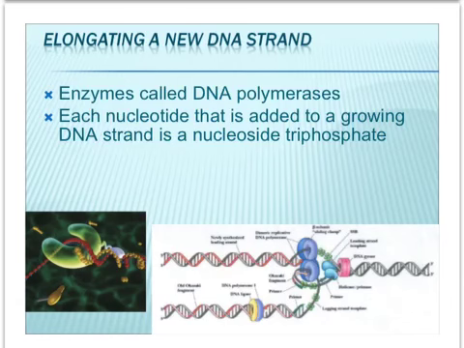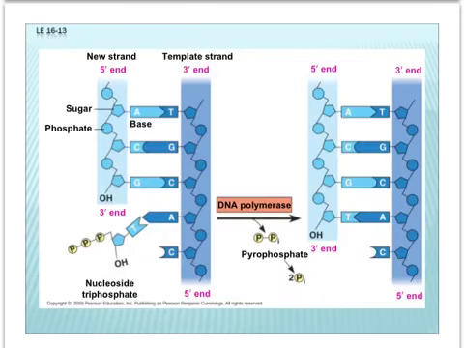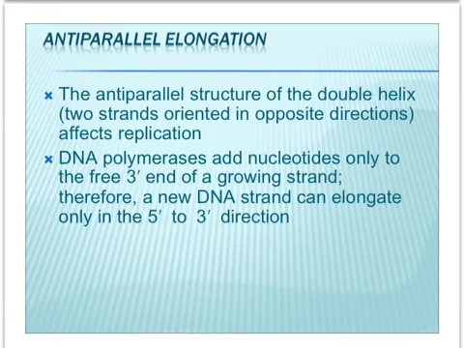Here you can kind of see the process that we're going to need to occur. Notice the nucleoside triphosphate on the left-hand side. In this anti-parallel elongation process, the two strands are going to work in opposite directions, and both sides are going to affect the process. An important thing is the direction.